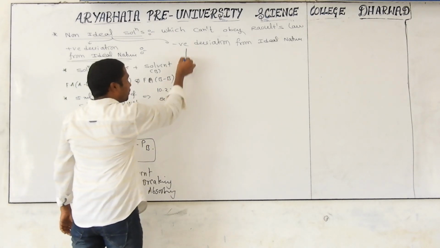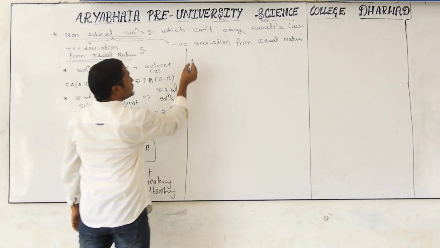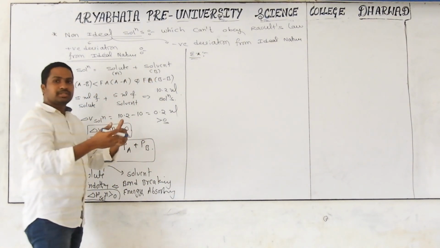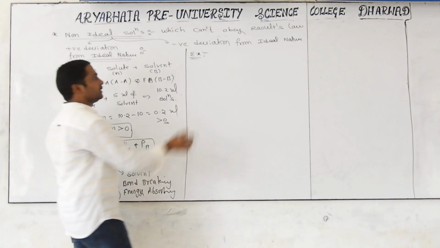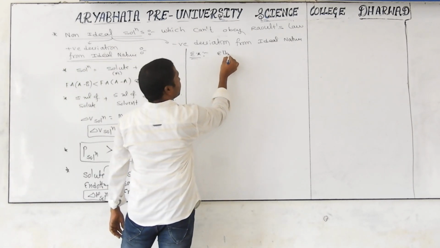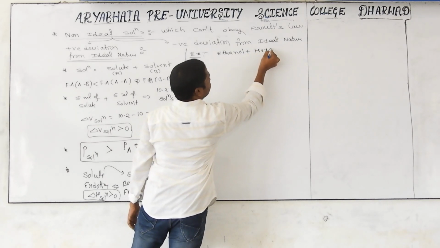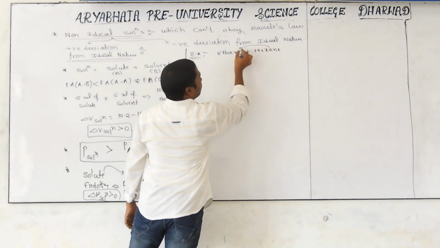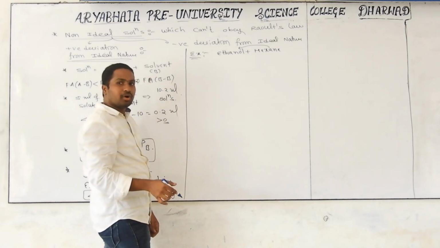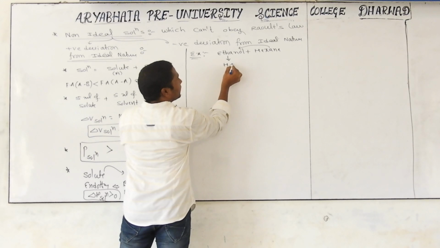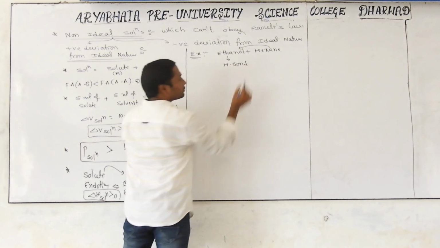Later we will see some examples for this. After mixing, the force of attraction has to decrease. The best example for this is ethanol plus hexane. Observe carefully: ethanol is an alcohol, and its molecules are connected by hydrogen bonds.